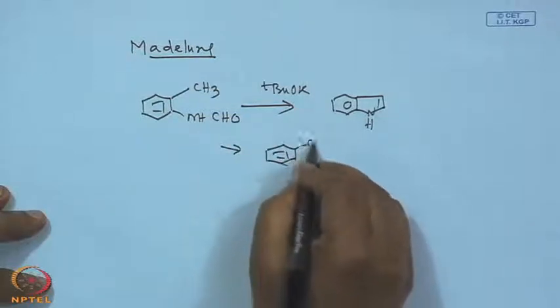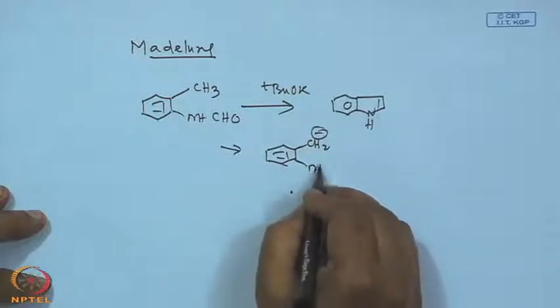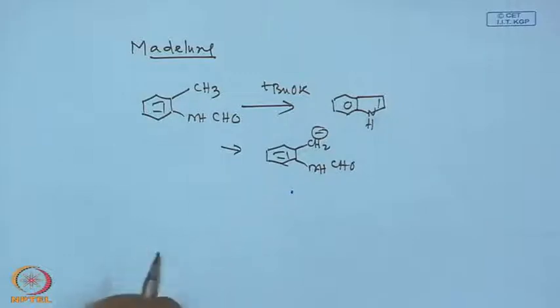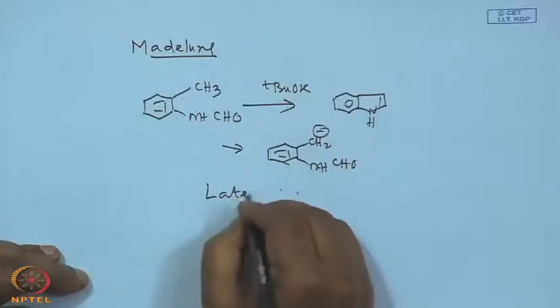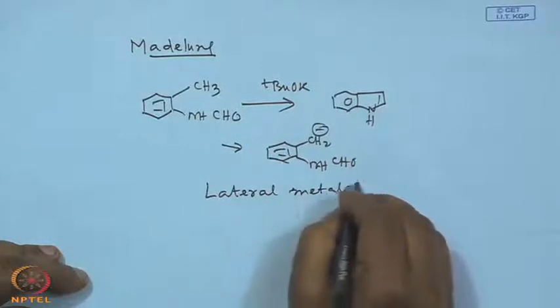Mechanistically, what is the mechanism? This reaction forms an anion here, NH, and then the CHO. This anion formation, a lot of people have called it lateral metallation.